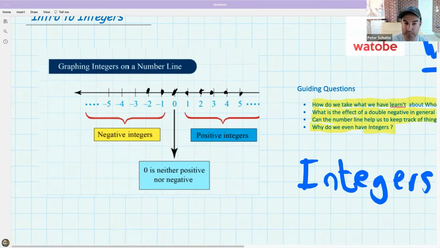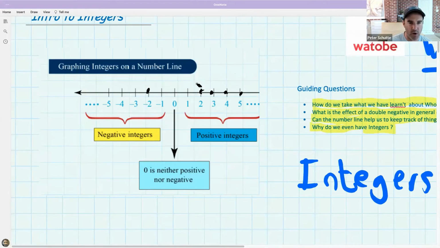And if you keep going another 1 unit, you'll get -2. This collection of numbers is called the integers. This section over here is called the positive integers, and this side is the negative integers. And 0 is also in the collection of numbers called the integers. So this is an extension.